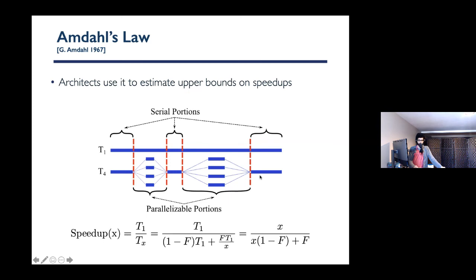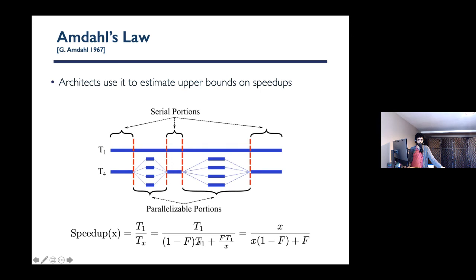Now we can use this to calculate the speed up for X number of CPUs. Your speed up is basically T1, the runtime on one processor, divided by Tx, the runtime on X processors. If f is the fraction of your program that is parallelizable, then 1 minus f is the serial portion, and this serial portion doesn't change.